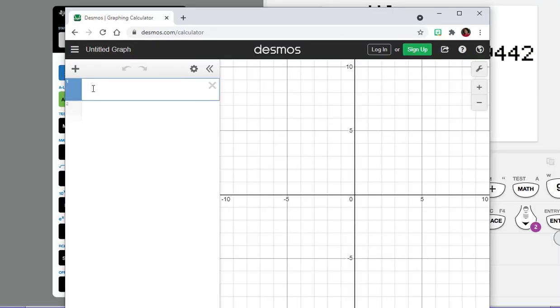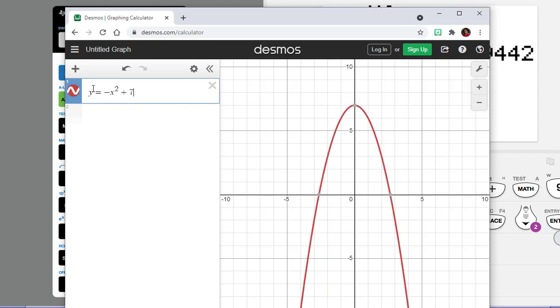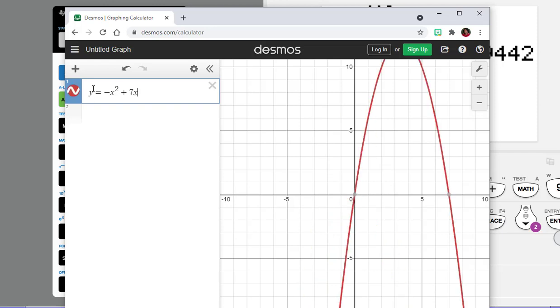So I'm going to say y equals negative x squared plus 7x minus 10.